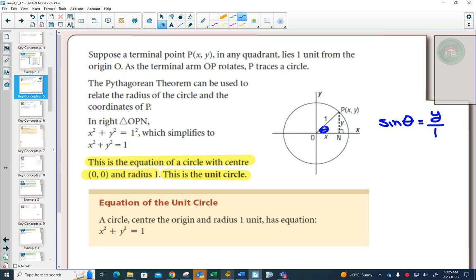And if I write cos of theta, my adjacent side is x, my hypotenuse is 1.